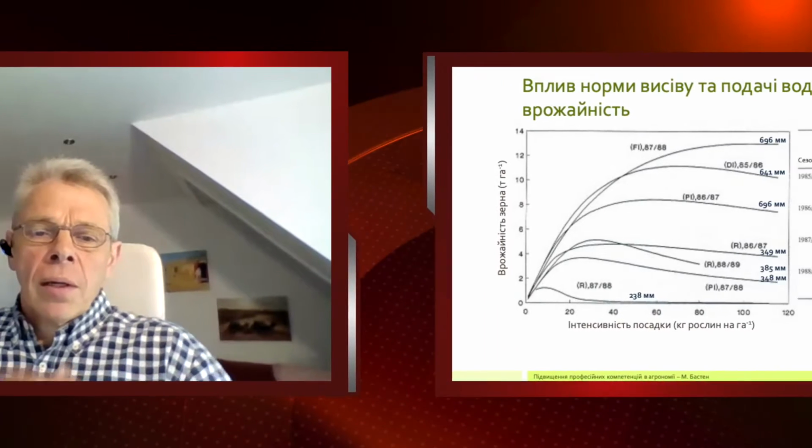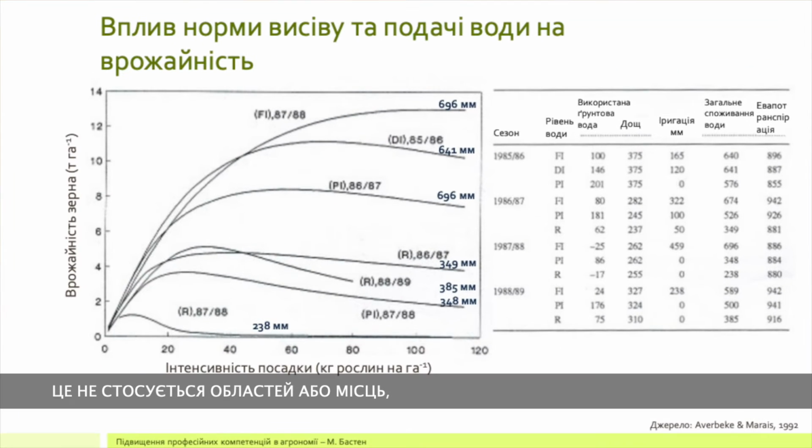What is also obvious is that if we increase the planting density above the optimum, we are at a kind of plateau. That means the yield doesn't suffer if we increase it above the optimum. This is not so much the case for areas or sites where we have a very limited water supply.